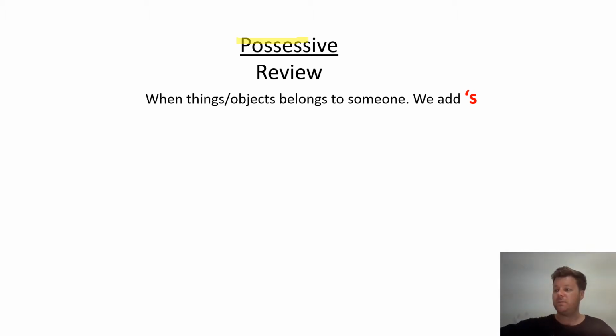Example, can you remember my eyeglasses? Whose eyeglasses are these? I know. It's mine. It's Teacher Al's eyeglasses. What about this marker? Whose marker is this? I know. It's mine, Teacher Al's.